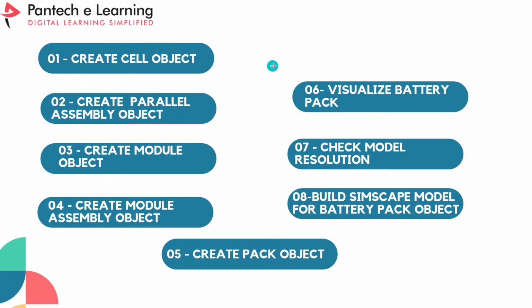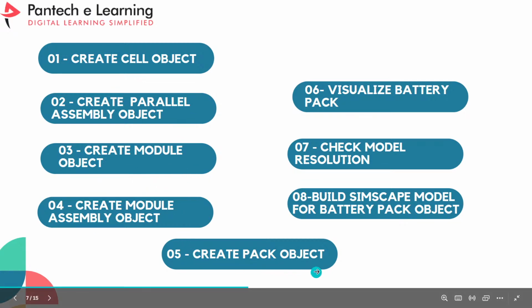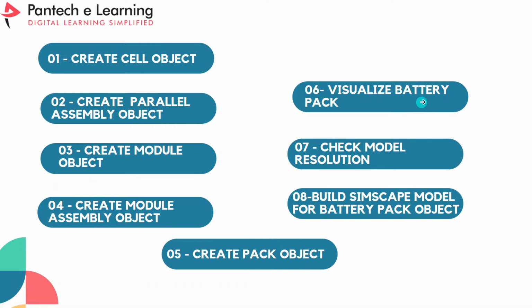For creating that pouch cell battery pack, first we need to create the cell object, parallel assembly object, module object, module assembly object and pack object. Next we are going to visualize the battery pack, how it looks. By using this visual code, we can see the blueprint of the battery pack. Next, check the model resolution. At last, we create this block as a library in our current folder.